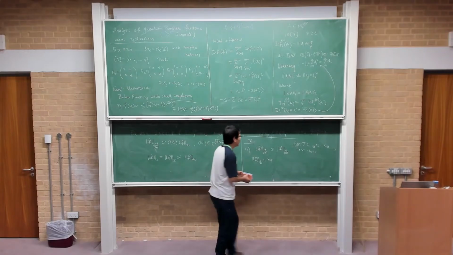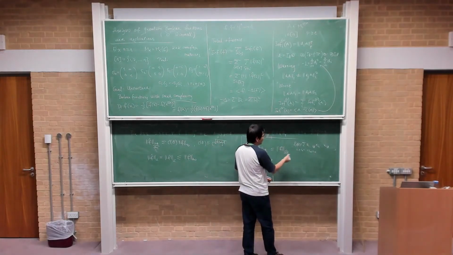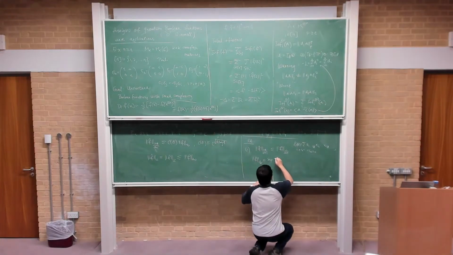Then the CB norm is defined to be the supernorm.